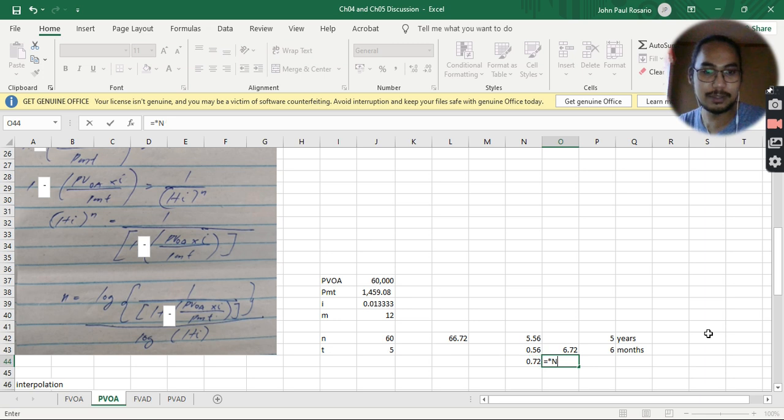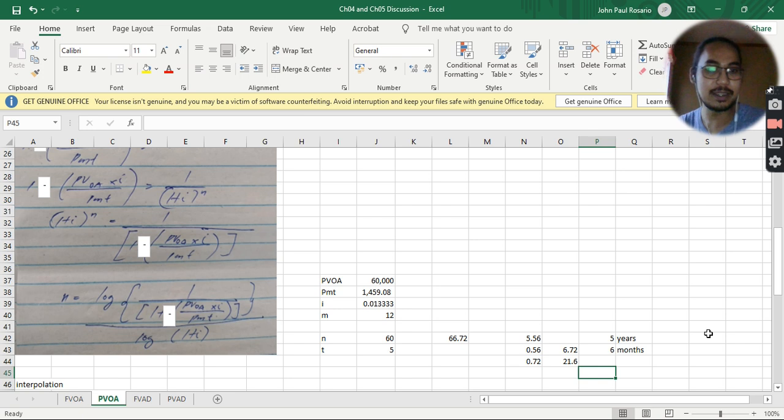So when we multiply this by 30 days in a month, that should give you 22 days. So that's the term of your annuity payments if your answer is like 66.72 or it's not whole.